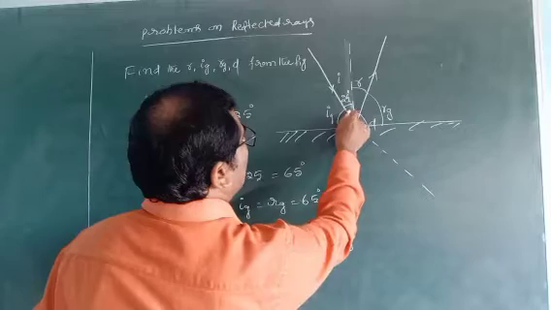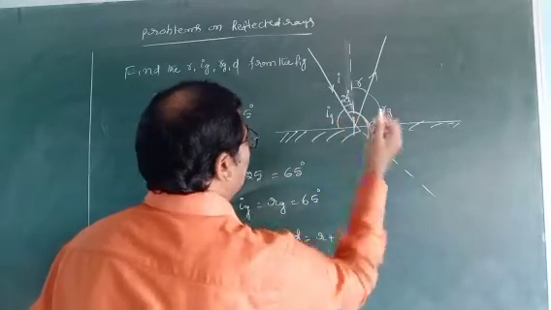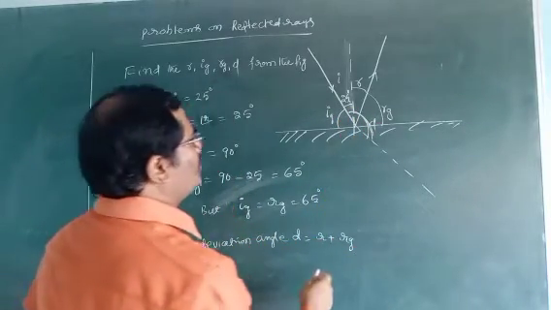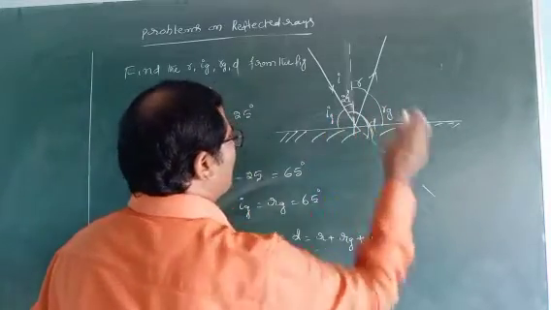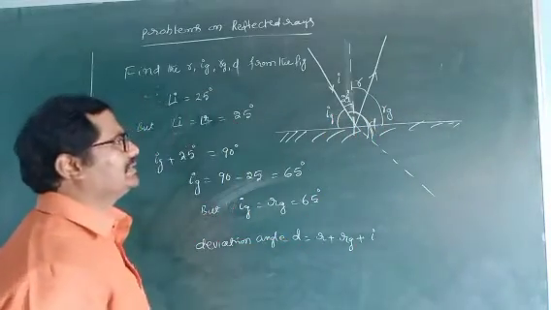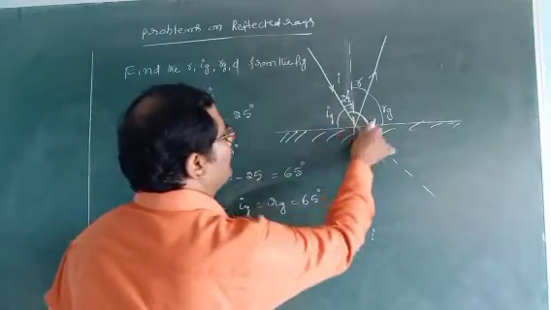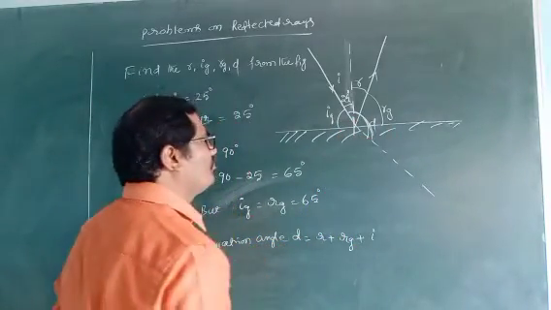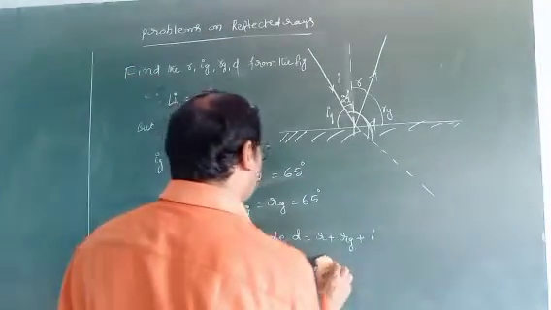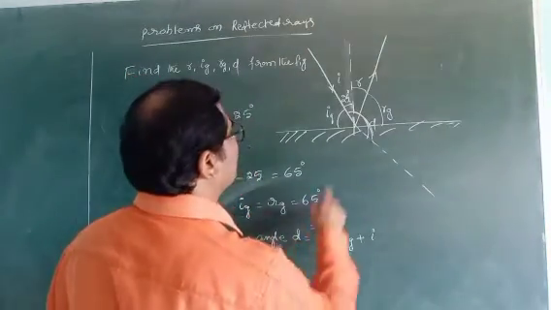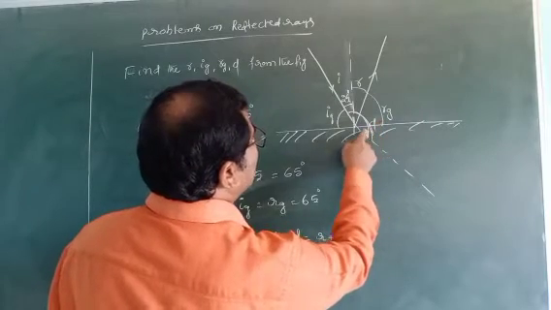Sorry, that is the angle of incidence, that is the D. D is equal to I plus R plus Rg, that is equivalent to the angle of deviation.